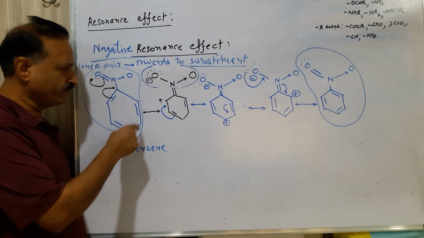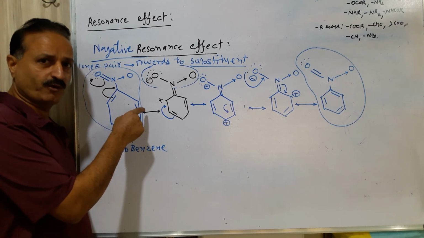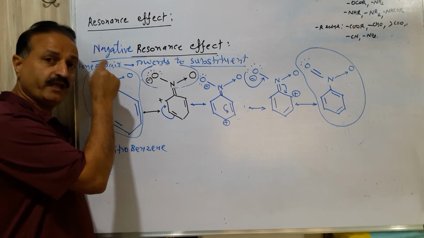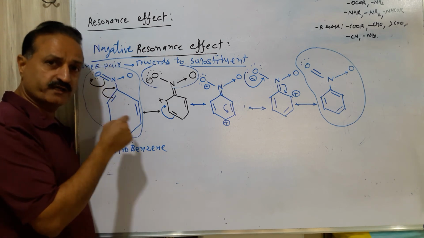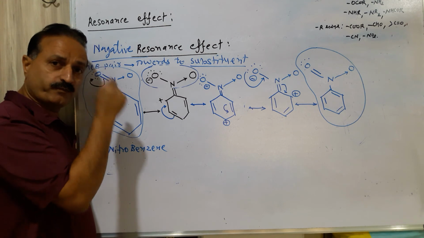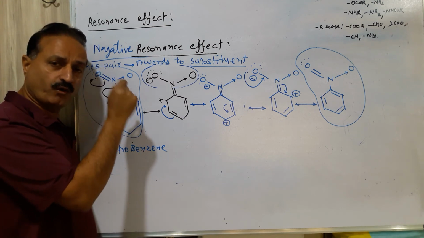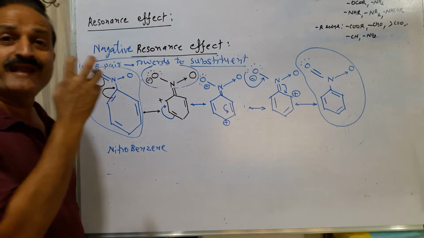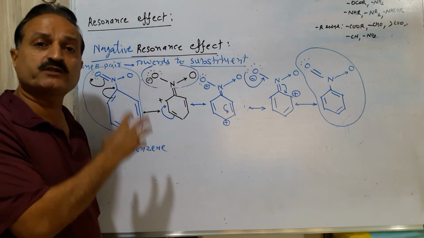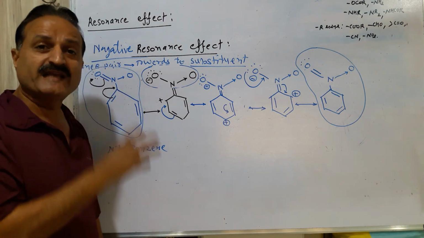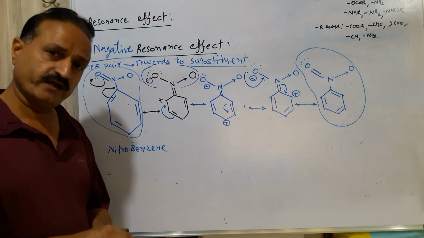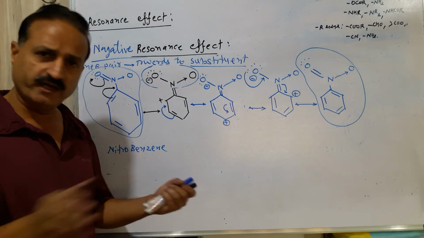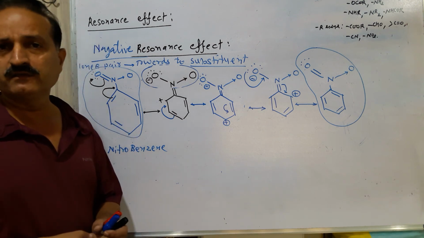Positive charge will rotate at ortho, para, ortho places, while in positive resonance effect the electron rotates at ortho, para, ortho places. Electron density increases in positive resonance effect, electron density decreases in negative resonance effect. So very clear, very simple, very easy.